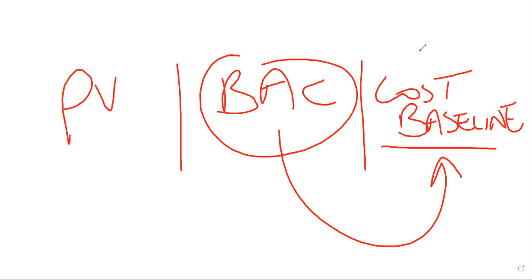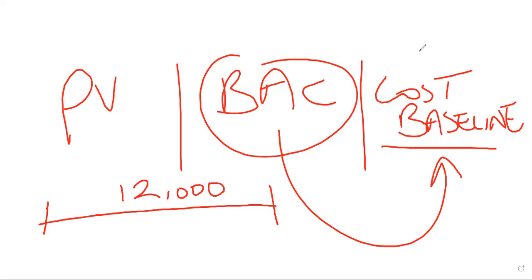The cost baseline is the amount of money that you are going to spend for the project, excluding management reserves. So we have, let's say, $12,000 for the entire project. This does not contain management reserves, okay?